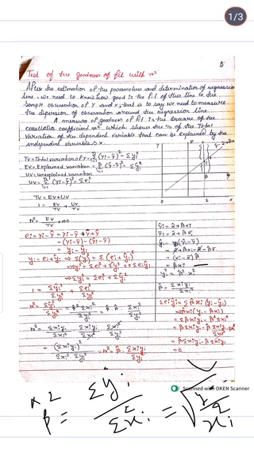So if we multiply, then we get sum of beta hat xi yi minus beta hat square sum of xi square, and beta hat sum of xi yi minus beta hat sum of xi square, but the other beta hat is equal to sum of xi yi divided by sum of xi square.